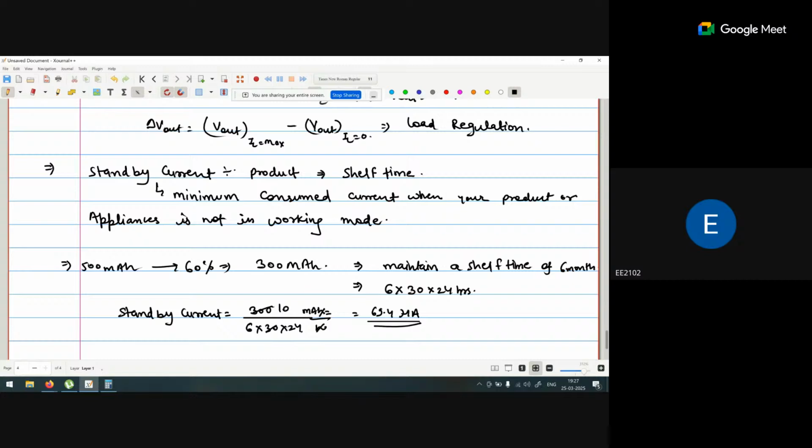So it depends on the product, whether the shelf time required is more or less, and on the basis of this I need to set the standard.